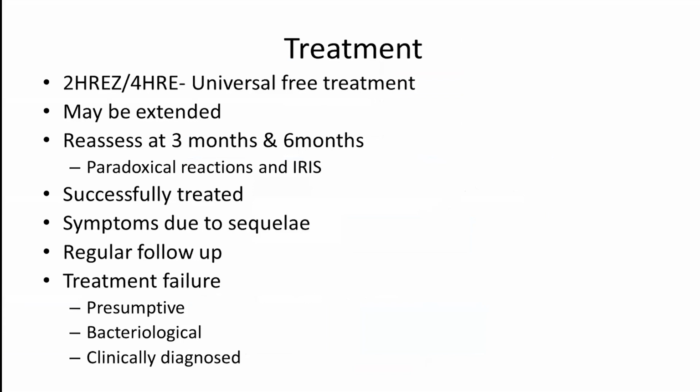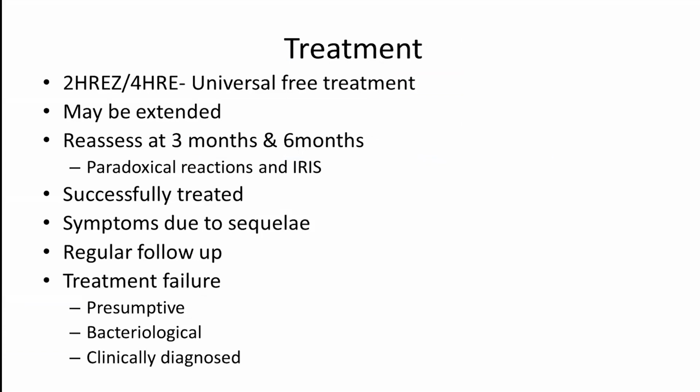Coming to treatment, it is the standard first-line treatment: 2 months of HRZE, followed by 4 months of HRE, as FDCs, depending upon the weight band and the comorbidities. If there is some renal problem, you have to adjust accordingly, and also if there is hepatic disease.